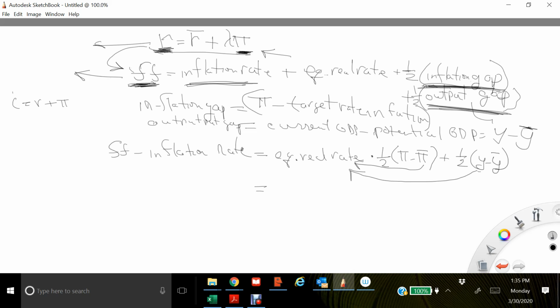Put all that stuff together into this R bar.